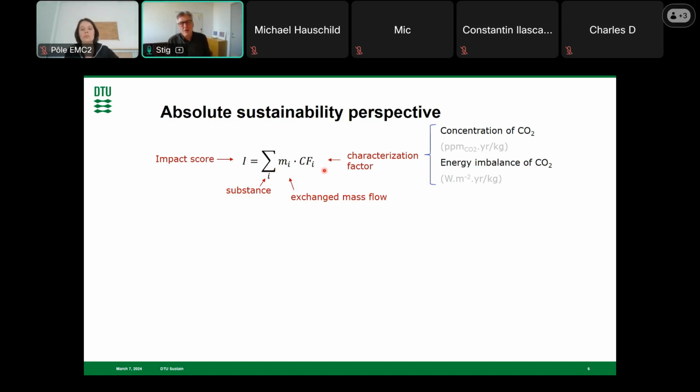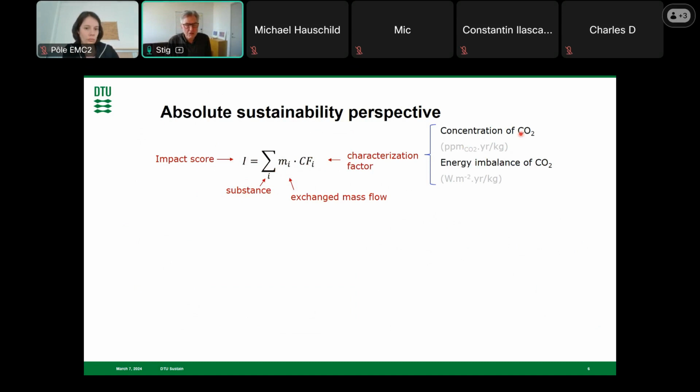Taking carbon dioxide equivalents as an example, the characterization factor is 1 for carbon dioxide, but methane, which is about 25 times more potent a climate gas than carbon dioxide, would have a characterization factor of 25. So this is how we normally do this in life cycle impact assessment.